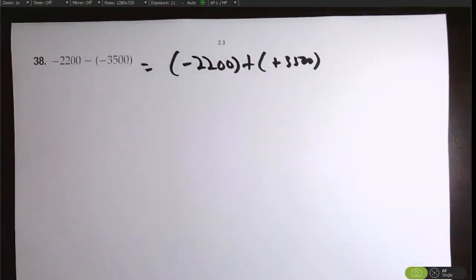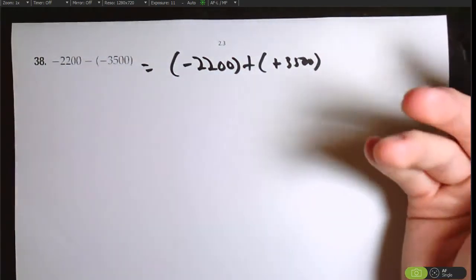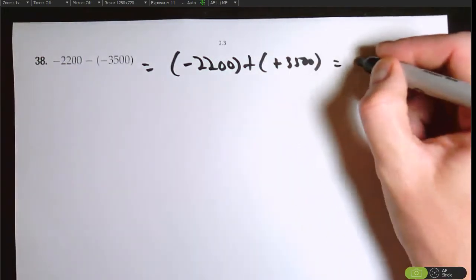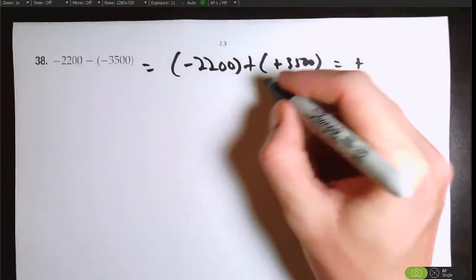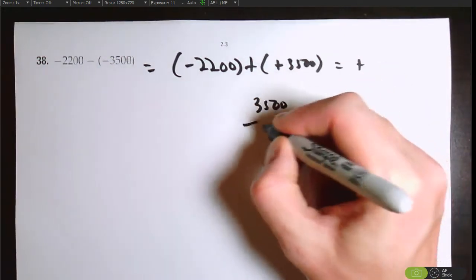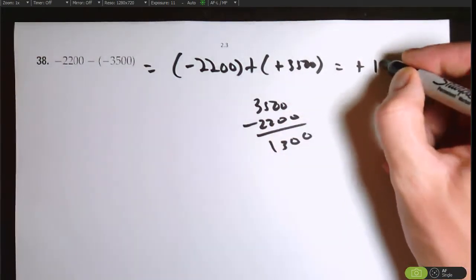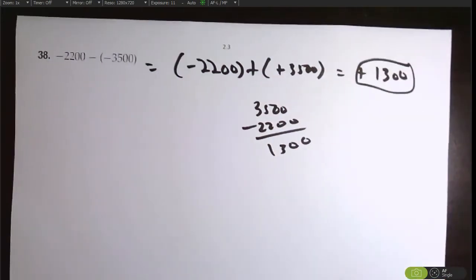So the question is, what direction are we going more, right or left? Well, positive is the bigger one, so I'm going more to the right, so I know it's plus. And then the bigger number itself is 3,500. Smaller one's 2,200. The difference is 1,300. So positive 1,300.